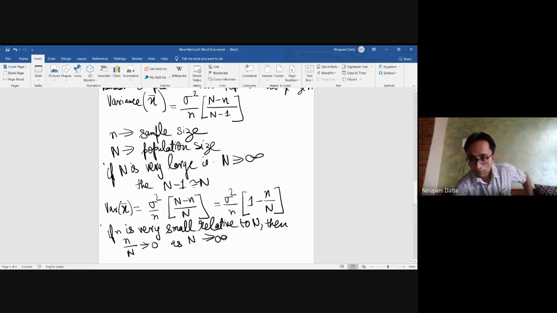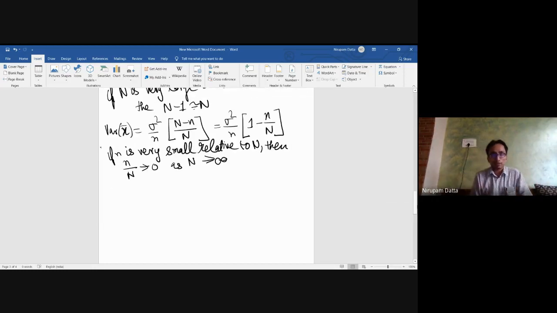So in that case, we can write the variance of the sampling distribution of the mean as equivalent to sigma square by n, which is the same as the variance of the sampling distribution of the mean where the random sample is drawn with replacement.